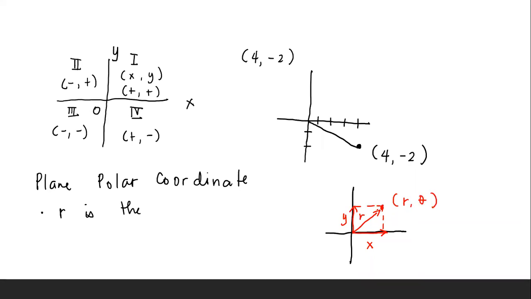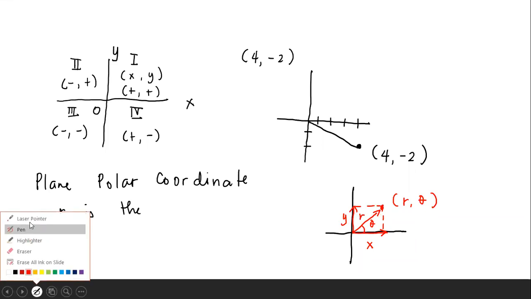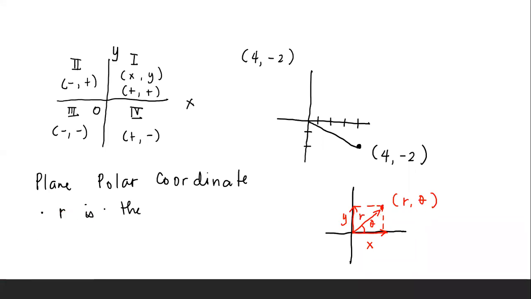That is the hypotenuse. And then this one is the adjacent side and the opposite side. Reference angle is your theta. Now, r is the distance from the origin to the point having Cartesian coordinates of x and y.